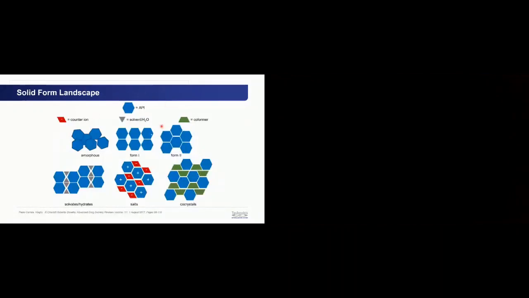So just a visualization of what these different forms entail. You have your amorphous, which is characterized by its lack of order. And this is, in most cases, a very unstable form and will ultimately crystallize to a polymorph unless it's stabilized. You can have different crystal packings of the same molecule, which give rise to polymorphs.